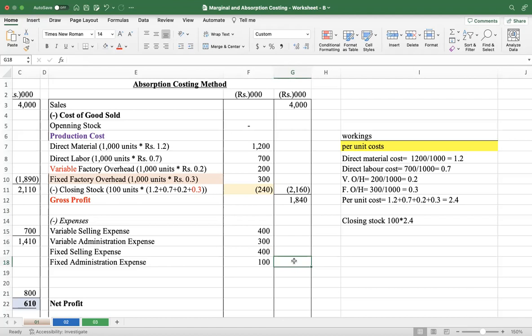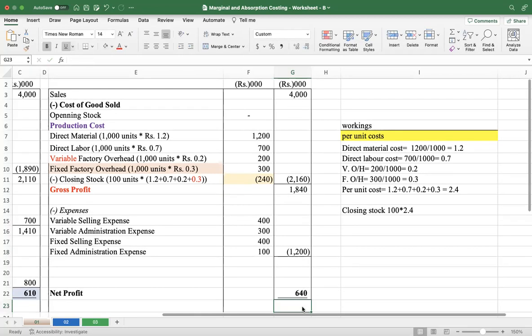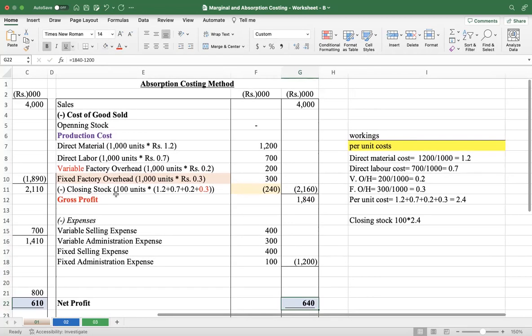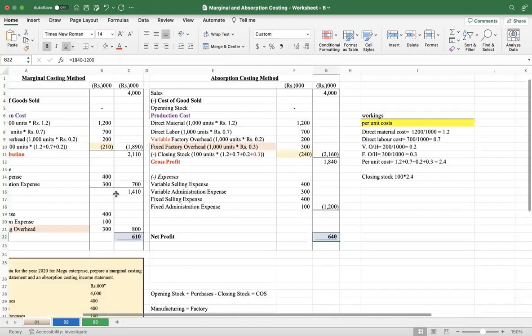That will be 1200. Now what should we do? We should deduct these other expenses from gross profit to obtain the net profit. Clear? Now let's find the net profit. 1840 minus 1200. The net profit using the absorption costing method will be 640. Now see, there is a difference, right?